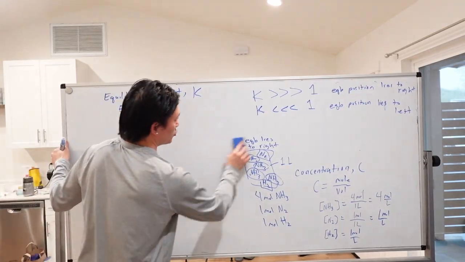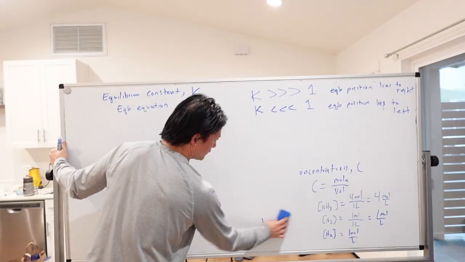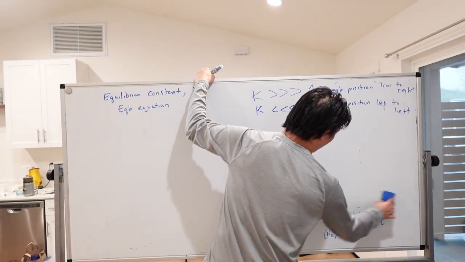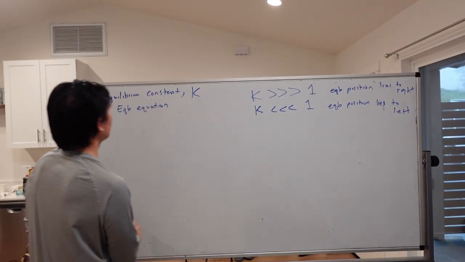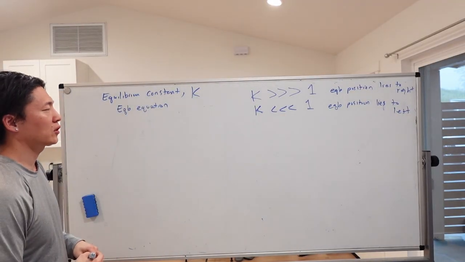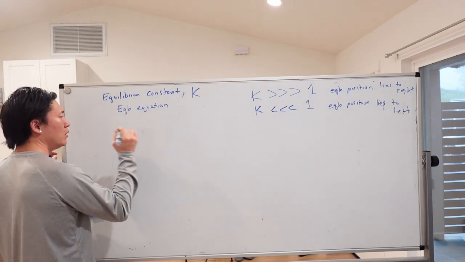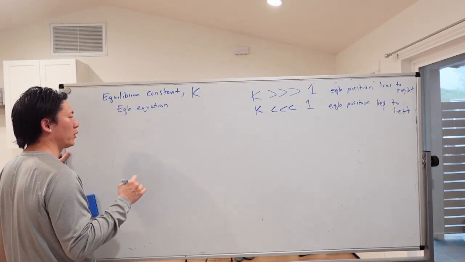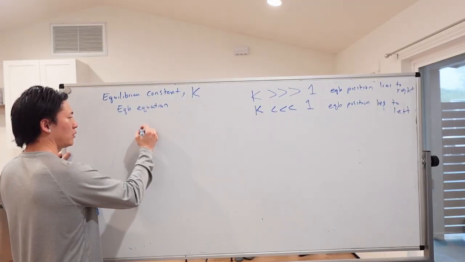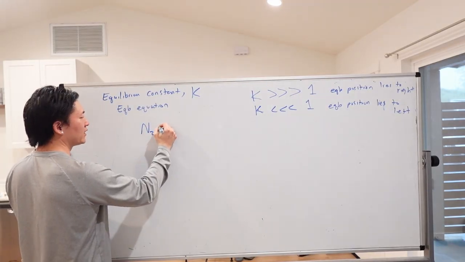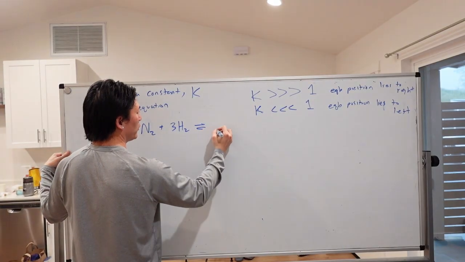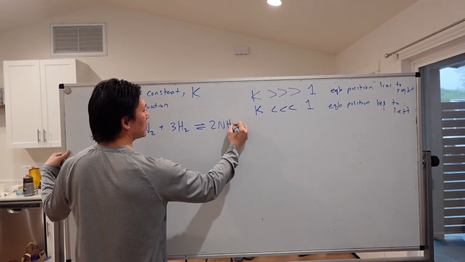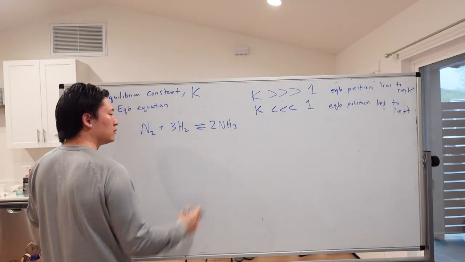Okay, in this situation, we had all gases, so you should include all of them. So this equilibrium constant K sometimes works for most cases. Let me show you how they work. In the case with N2 gas reacting with 3 H2 gas in equilibrium with 2 NH3 gas, these are all gases.